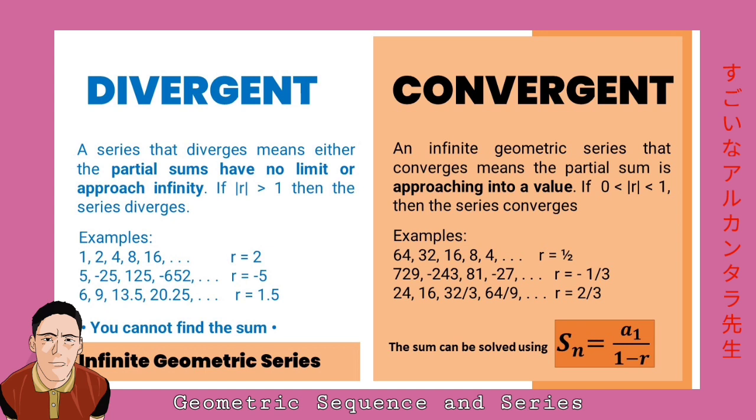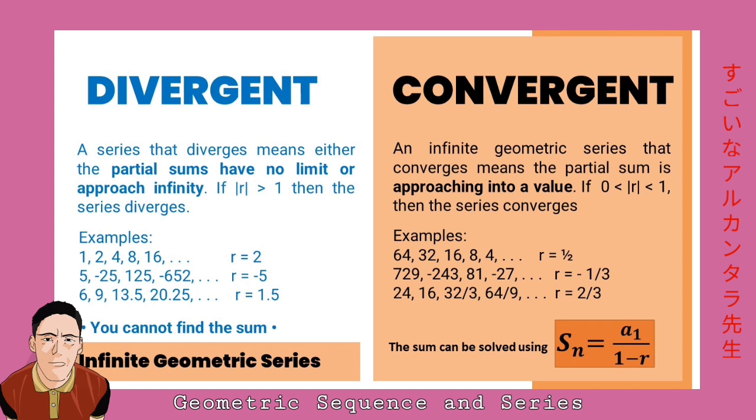While for convergent, this is a bit different. You have here, for example, 64, 32, 16, 8, 4. This one right here is going to approach a certain value. That's why there is an inequality posted in there that the absolute value of the ratio must be greater than 0 but less than 1.